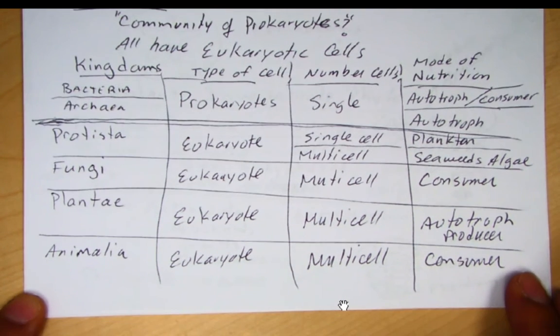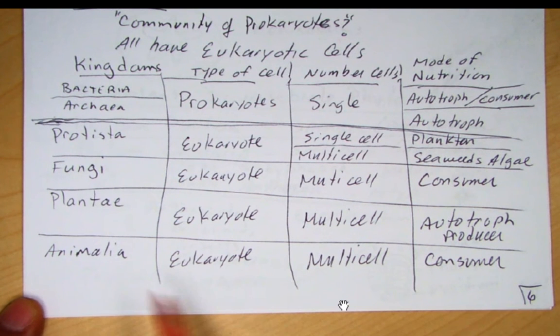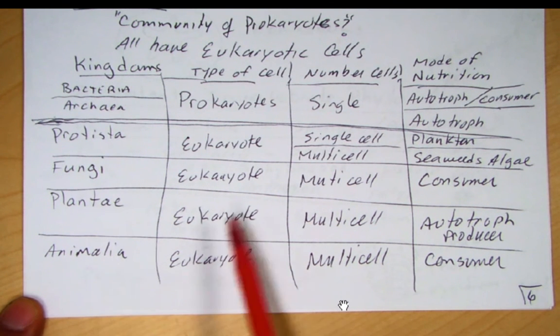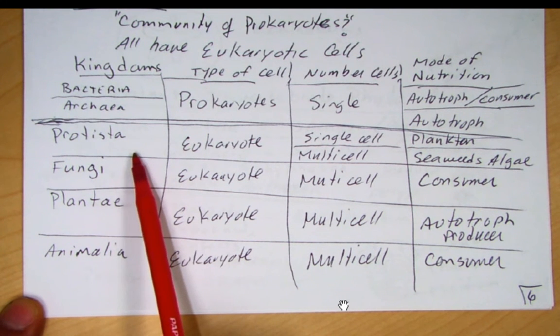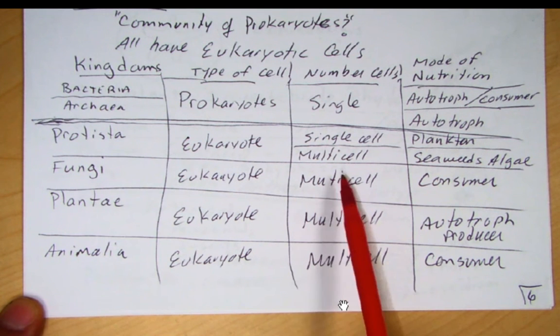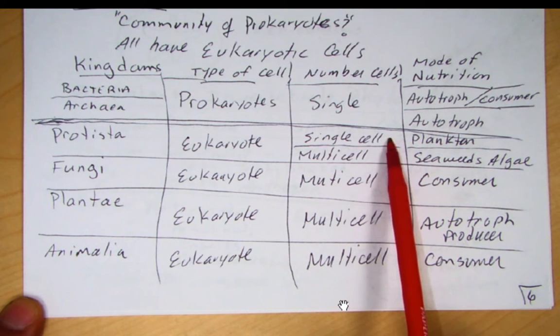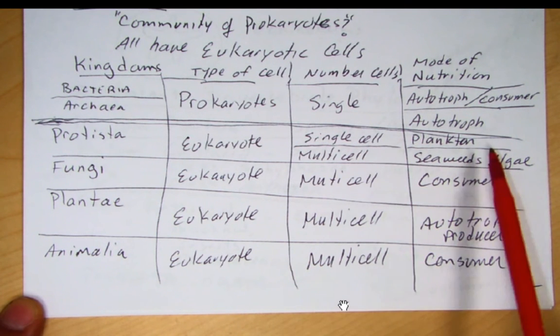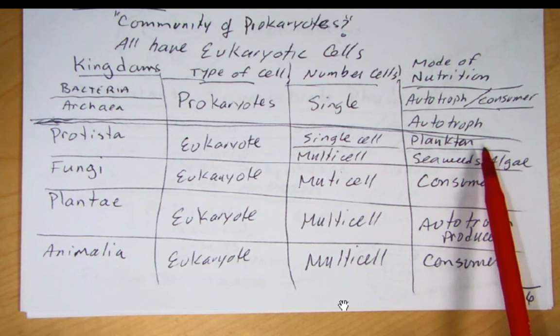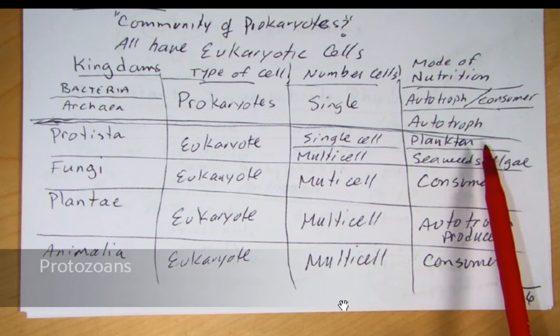And then the other kingdoms here, Protista, fungi, Plantae, Animalia, all these are going to have the more complex eukaryotic cells. Protista is an interesting kingdom, with some organisms that are single-celled and some that are multi-celled. The single-celled ones include lots of plankton. There are also amoebas and paramecium, stuff you see in pond water.